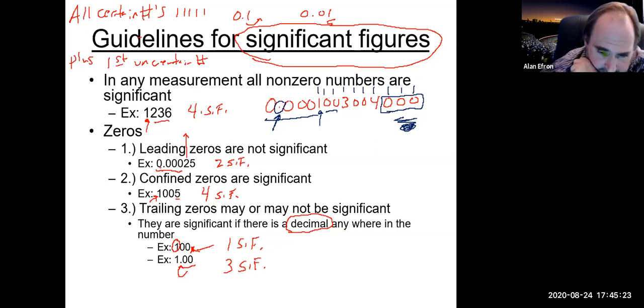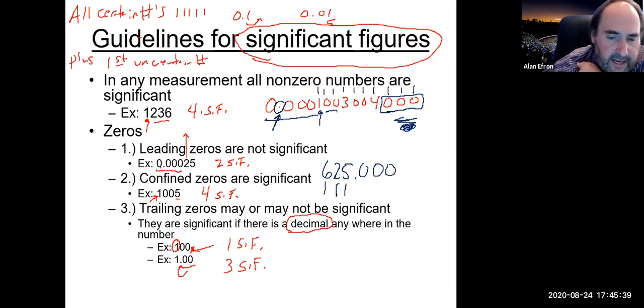So if you had 625.000, I think is what you wrote, this would be 1 significant figure, 2 significant figures, 3 significant figures, and again here the 0 at the end would be significant because there is a decimal point here. So 4, 5, and 6 would be your significant figures.